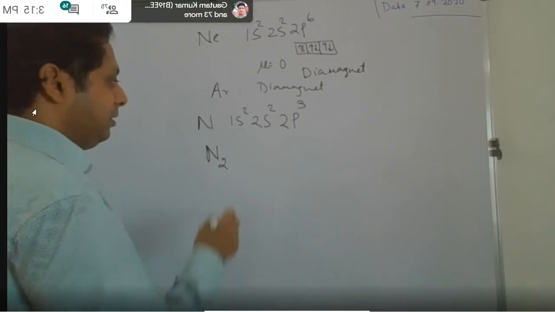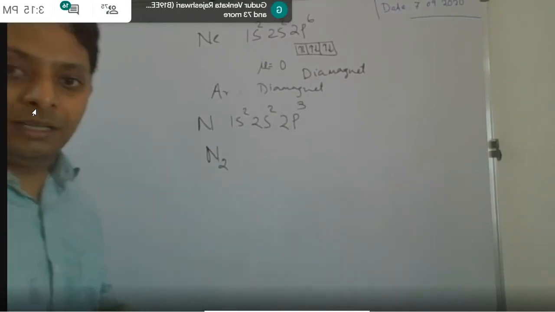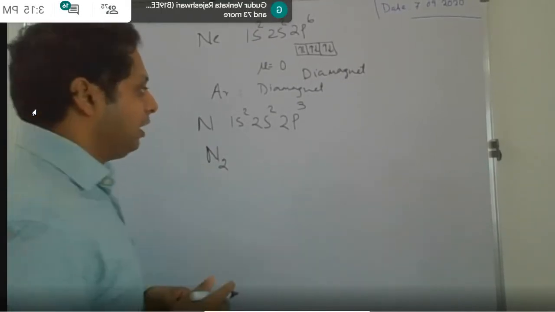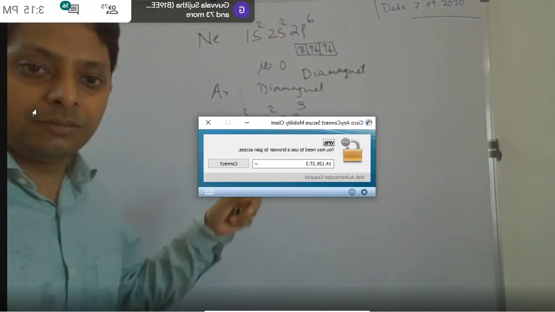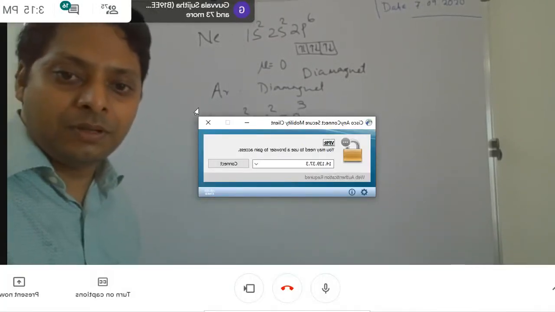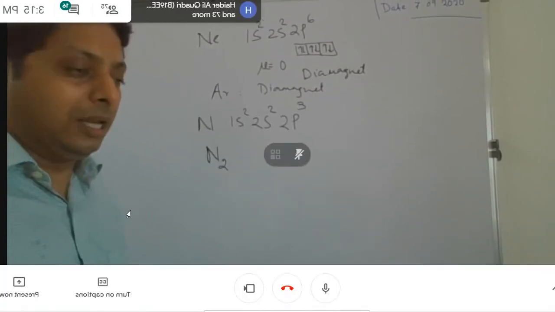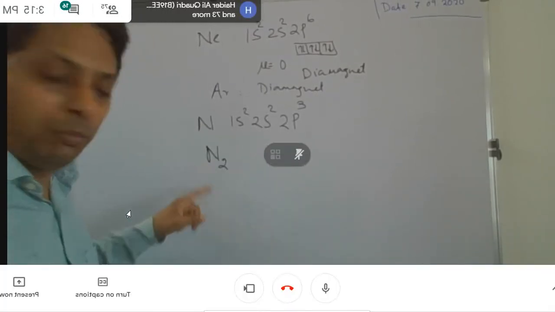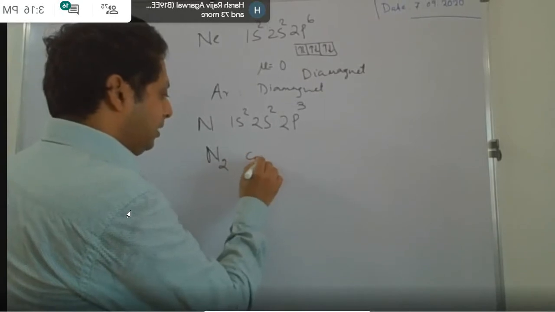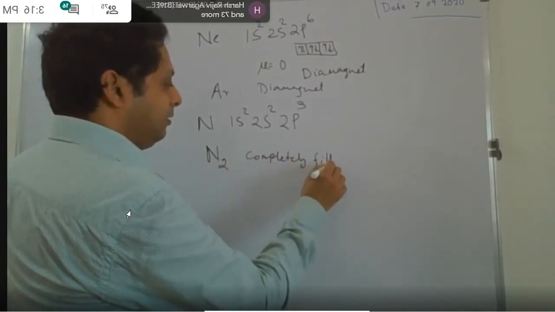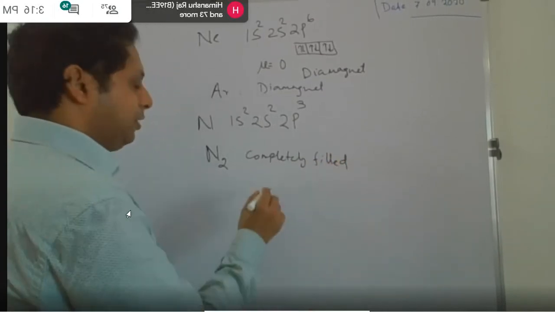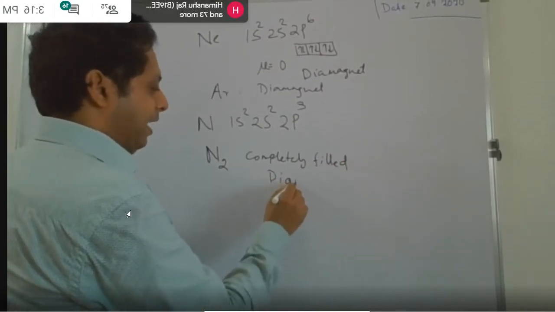And then when you fill the orbitals, what we'll observe is again that the electronic shell of the nitrogen molecule will be completely filled, and nitrogen will be diamagnetic.